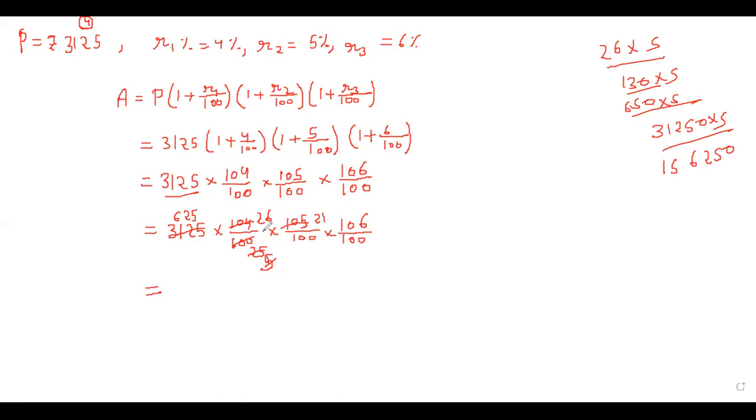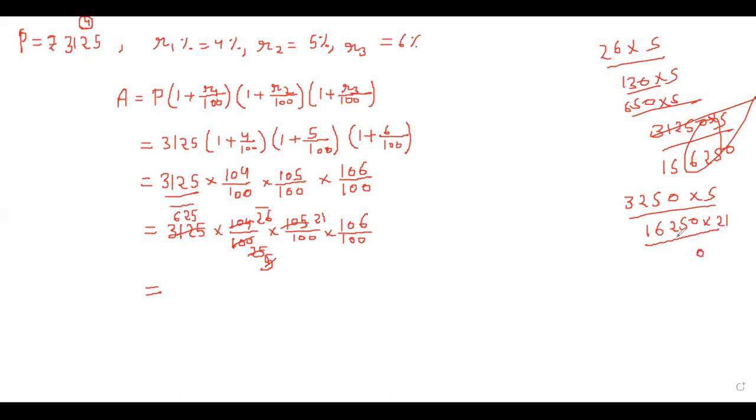We have started with 26 5s are 130, half is 65, and apply 0, 650. Again multiplying by 5, 65 5s are 325 into 5 is 1625, and 1 zero is also there. So 625 into 26 is 16250.